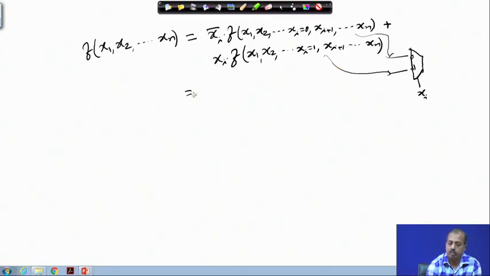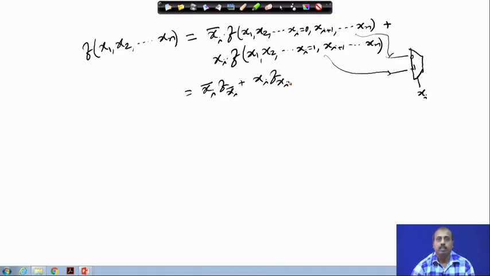In short, this is written as xi bar f xi bar plus xi f xi. So, this is the notation. f xi bar means the function obtained from f by putting xi equal to 0, and f xi means the function obtained from f by putting xi equal to 1. These functions f xi bar and f xi are of n minus 1 variables.